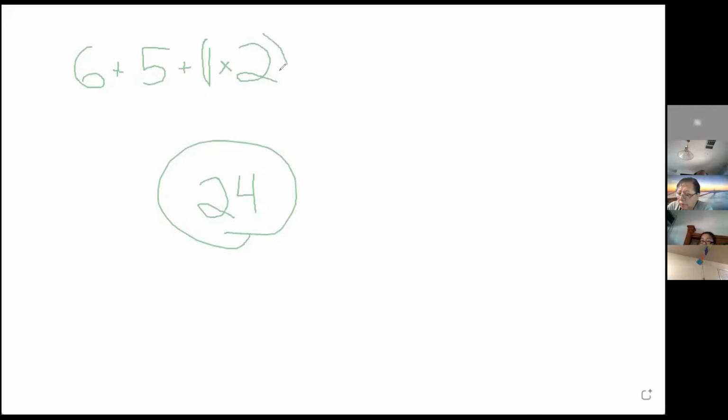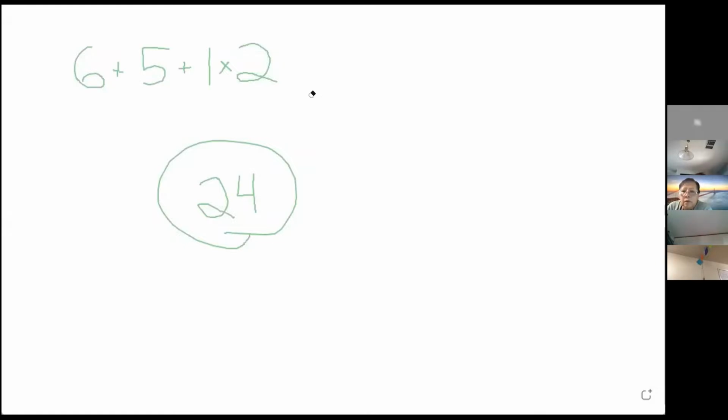Yes. Would that work? That makes it 11 times 2. The parentheses need to be around the 6 plus 5 plus 1.